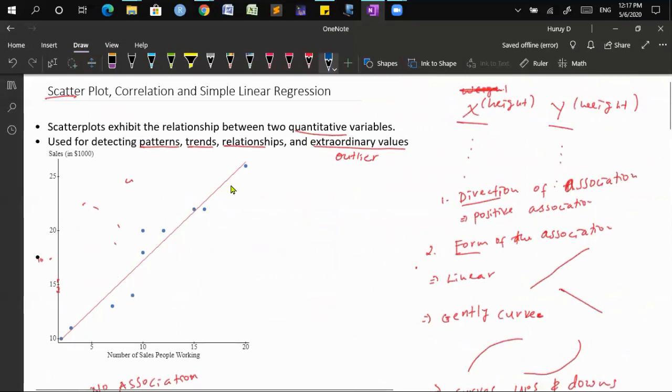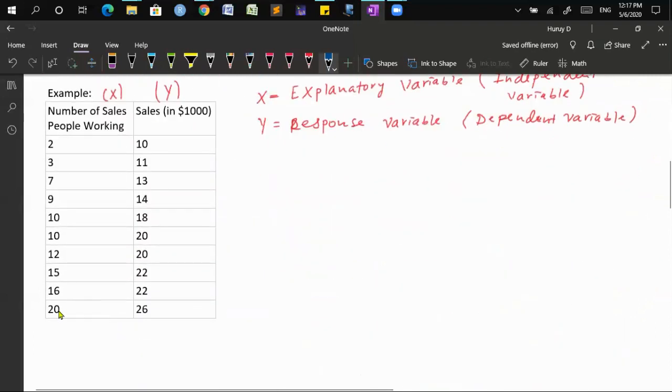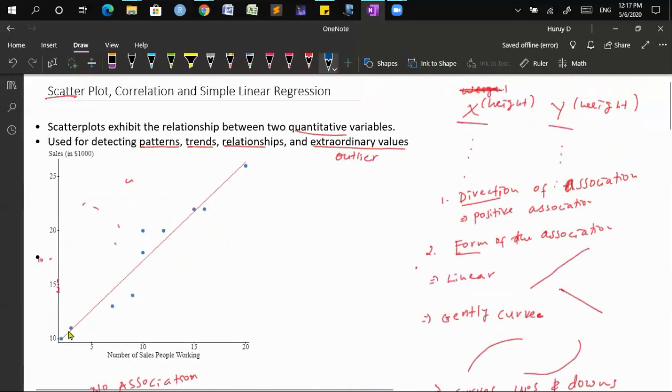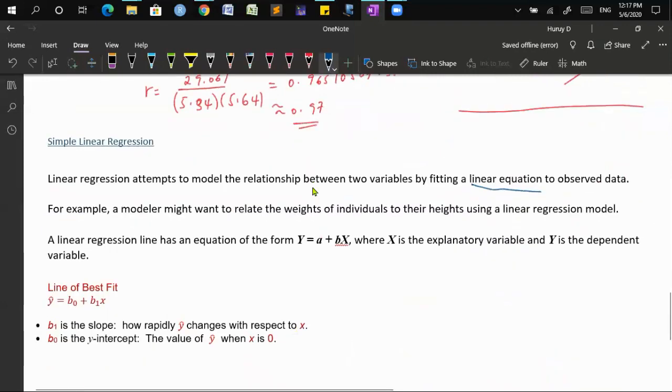Now, for the future, here the maximum number of people working is 20, and the amount is 26,000. What happens if I make this 30? If I hire 10 more, what will happen? So I will have a general idea. If we follow this trend and increase this number to 30, then this will be some value, and that will be the prediction which we get from the model.